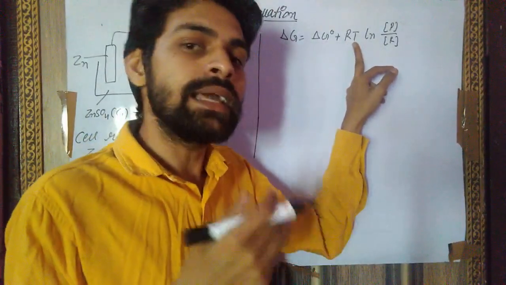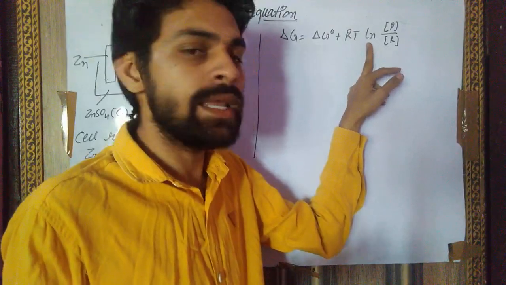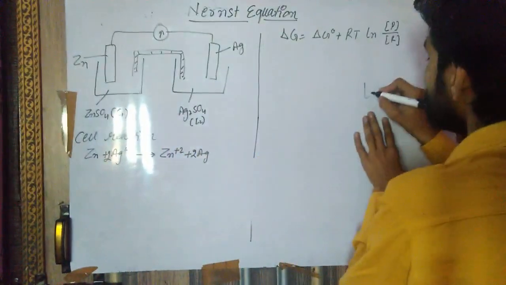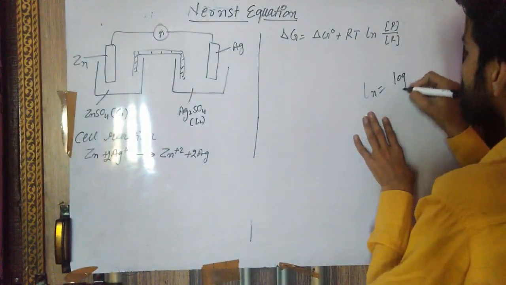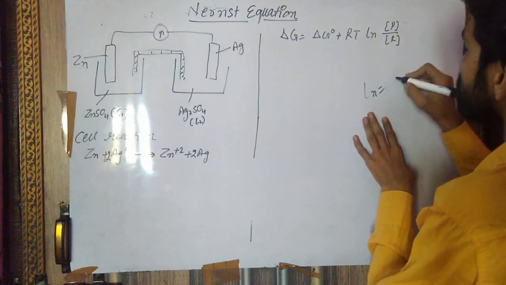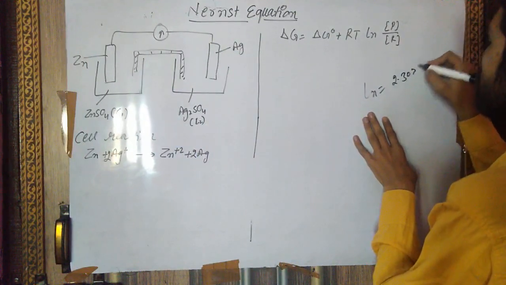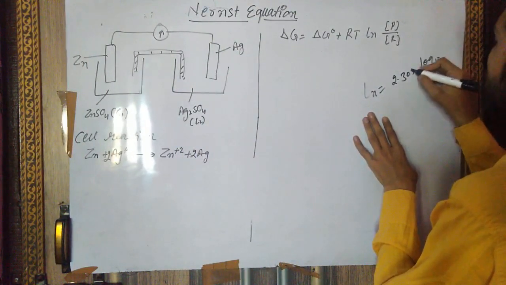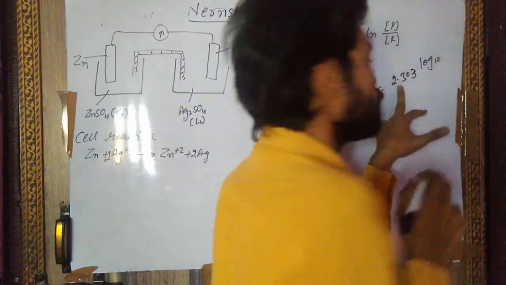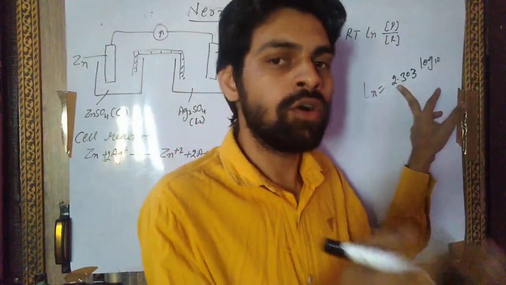T is temperature, it will be in Kelvin. Ln is the natural log, which is 2.303 log 10.